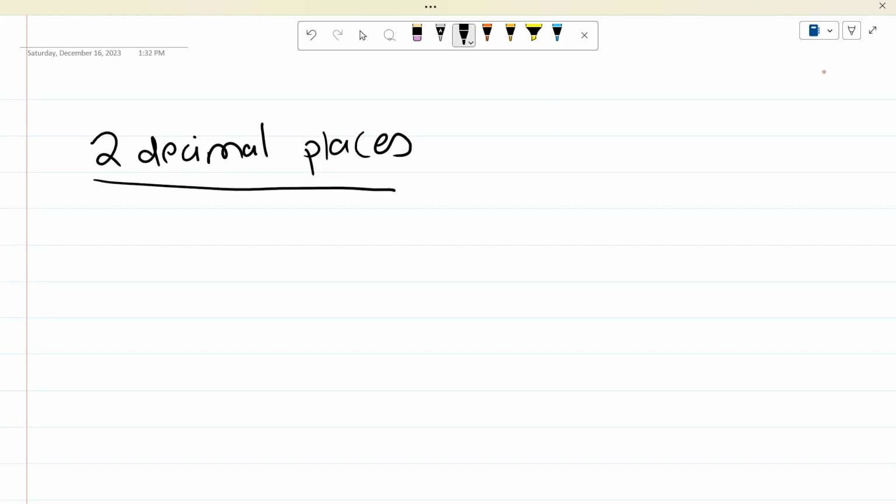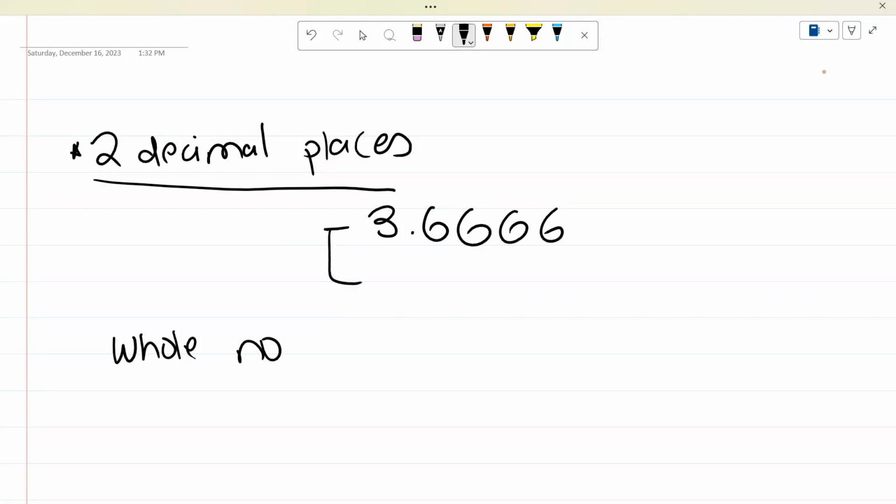Now, the 2 decimal places, you give a different answer than when they ask you to give an answer to the nearest whole number. Whole number means no decimals. 2 decimal places means 2 decimal places. For example, if you got the answer 3.6666, how can you give me an answer to 2 decimal places? 3.67.